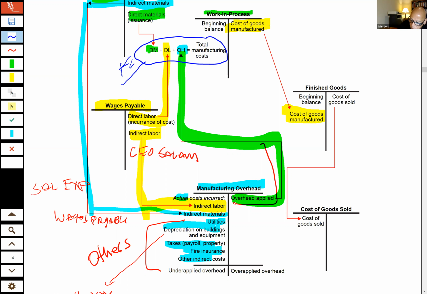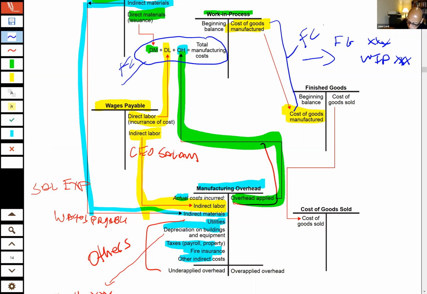Another important definition, guys: the term cost of goods manufactured by definition is the amount that we debit to finished goods and we credit to work in process. That amount, the amount that we subtract out of work in progress and add into finished goods, is called the cost of goods manufactured. Flashcard that.